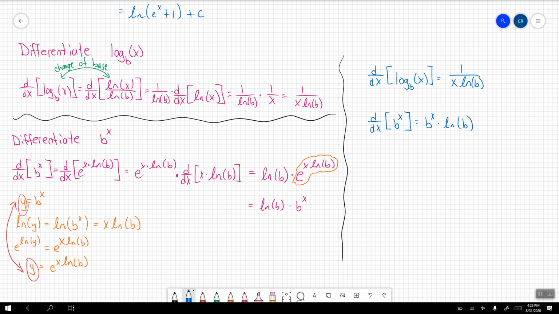And very similarly, we can go with the reverse as well, that when we start looking at the antiderivative for b to the power of x, the antiderivative for b to the power of x is going to be b to the power of x divided by natural log of b plus c.